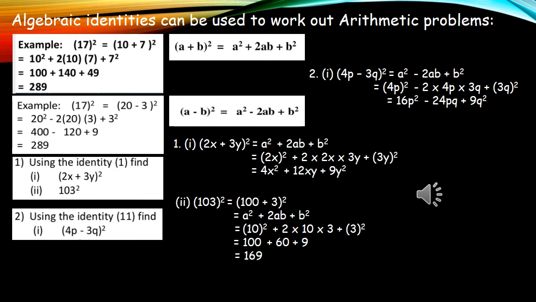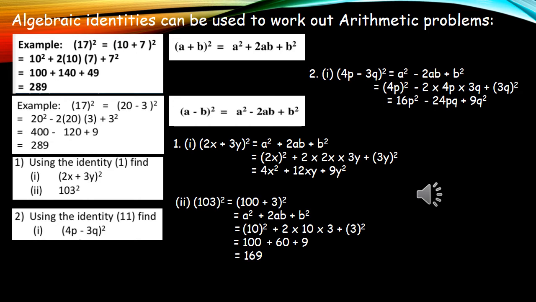Now let us try the same sum, 17 square, with the identity a minus b whole square this time. So if we break it now by saying 20 minus 3 whole square, then 20 is equal to a and 3 is equal to b. And a minus b whole square is given by a square minus 2ab plus b square.